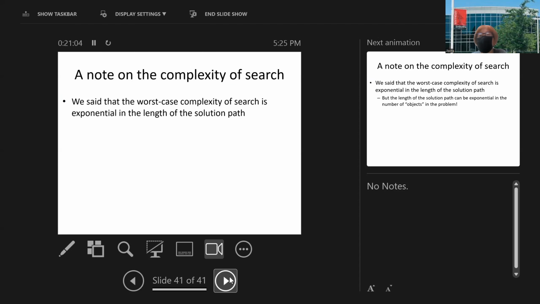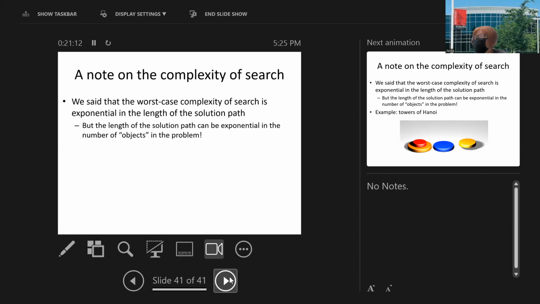And here's a note on complexity of the search. The worst complexity of search is exponential in the length of the solution path. But here be careful: the length of the solution path can also be exponential regarding the number of objects in the problem.